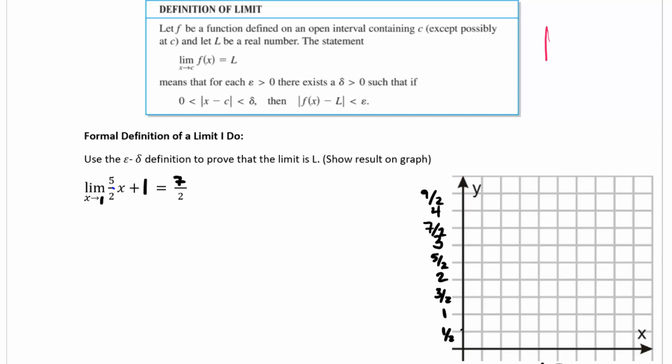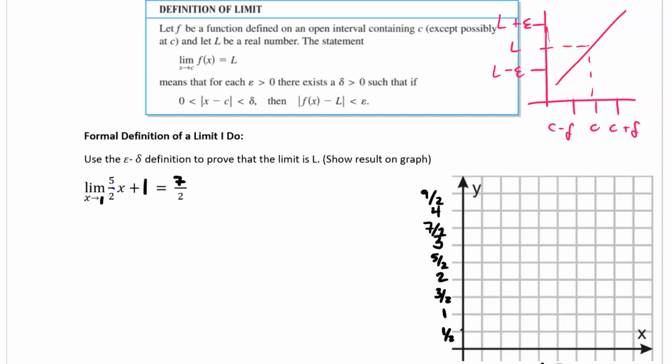So you may remember from class, we talked about c and c plus delta and c minus delta. Then we could have some function here. And we talked about what this meant.